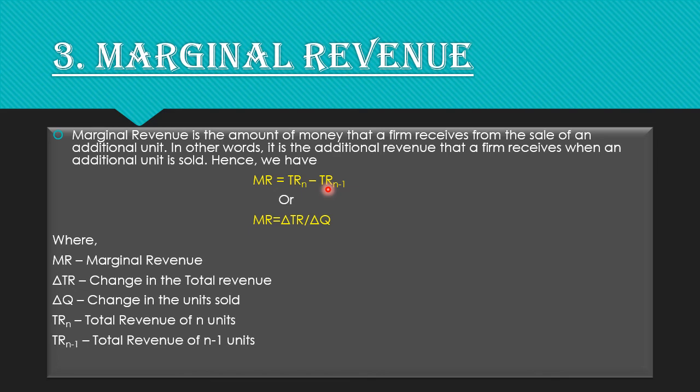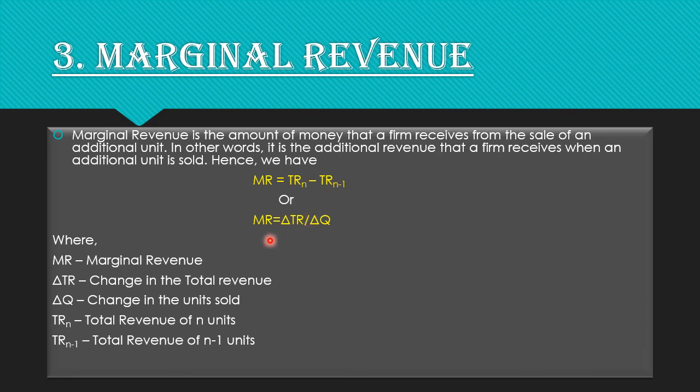If I want to calculate the marginal revenue, I will subtract 20 minus 10, that is the unit I just sold, that is 2, and I will subtract it from the earlier sold unit, that is 1. So it is TRn minus TRn-1.